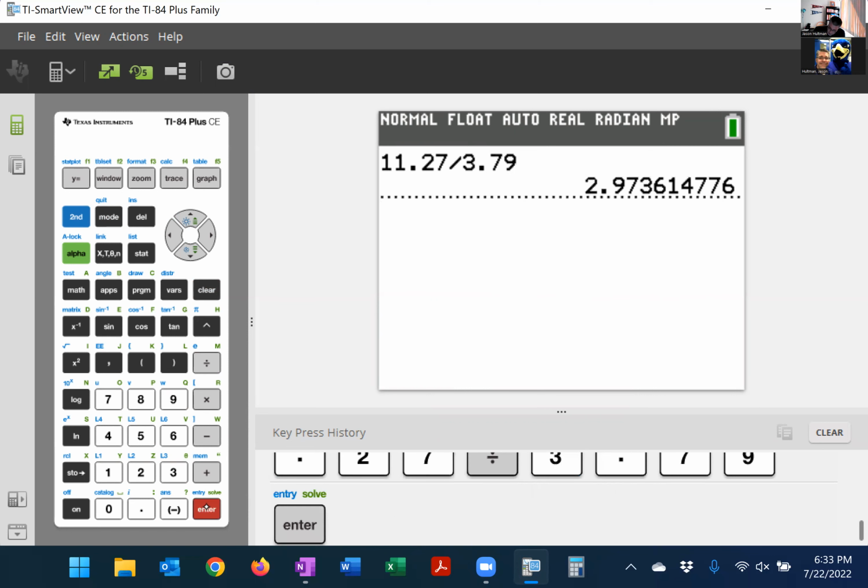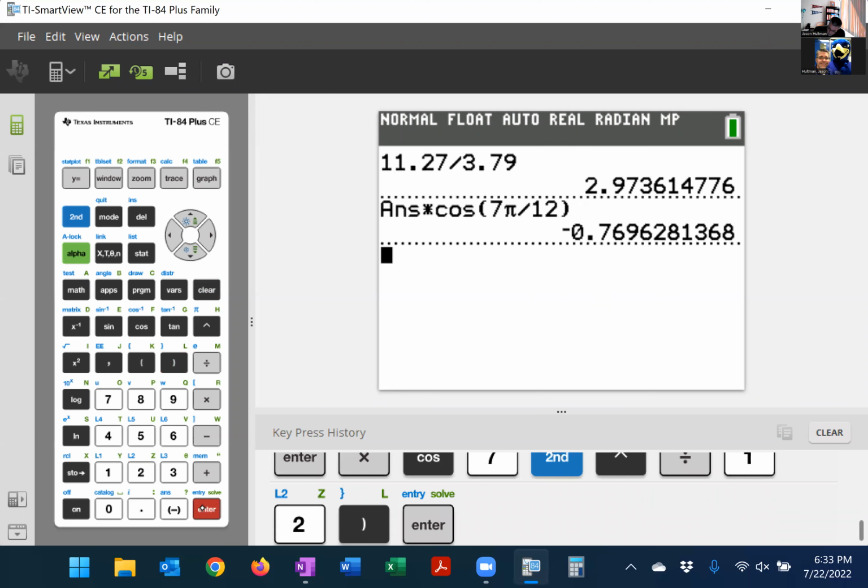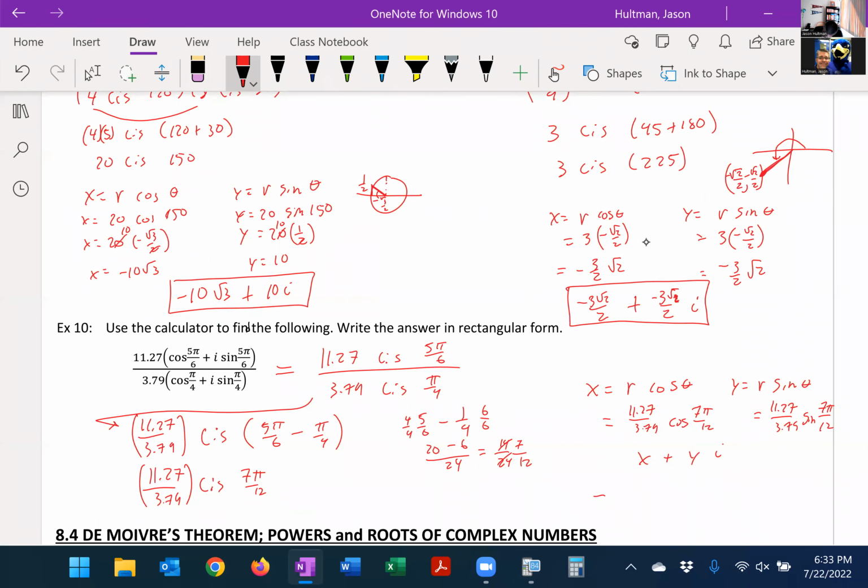That's 2.974 roughly. Now I'm going to take that number and multiply it by the cosine of 7 pi over 12, and that gives me negative 0.7696 about. So I'm going to write that number down. So x is negative 0.7696 plus, and then whatever the y comes out to be.